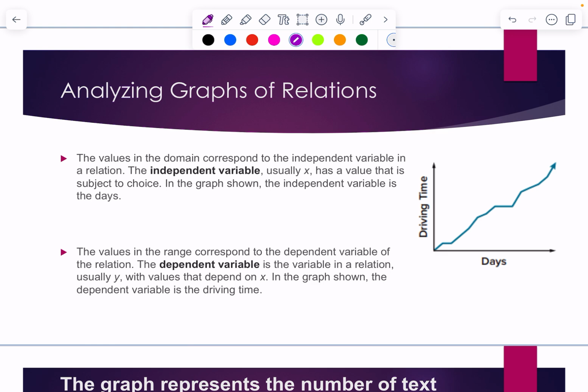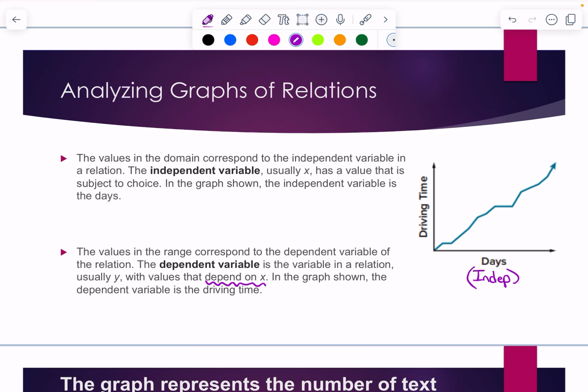Okay. In this graph, the independent variable here would be days. Okay. So I'm looking at how many days I have, and that's the independent. Then the values in the range correspond to the dependent variable of the relation. The dependent variable is the variable in a relation, usually y, with values that depend on x.